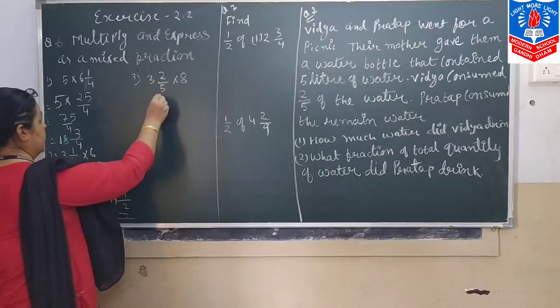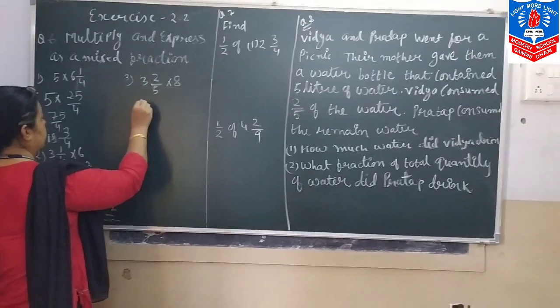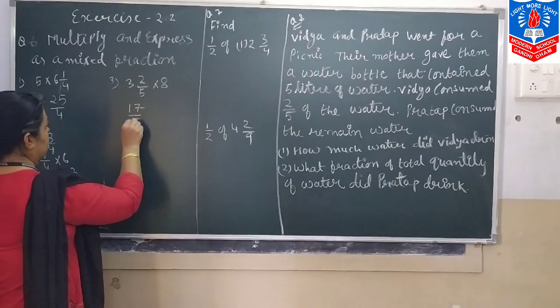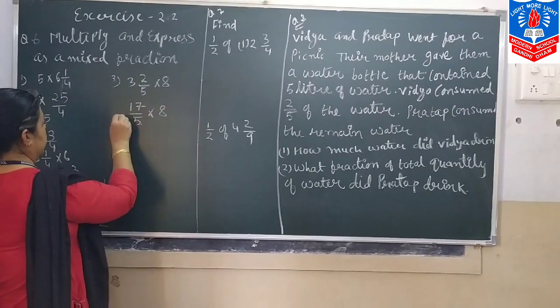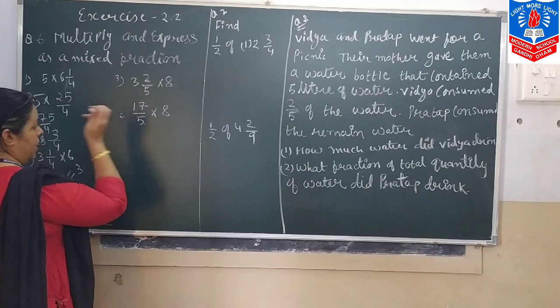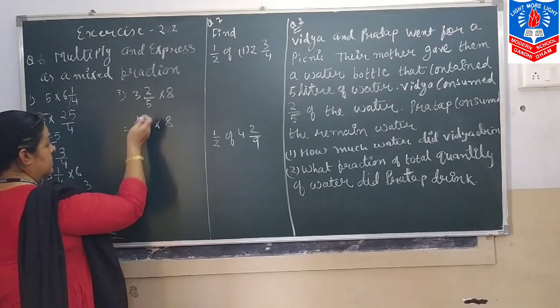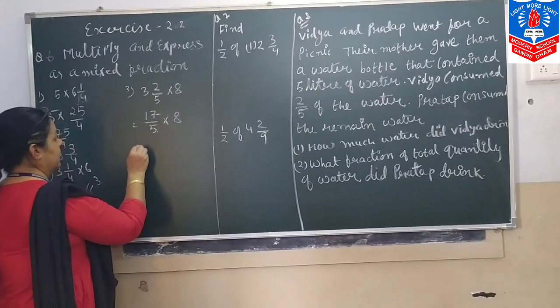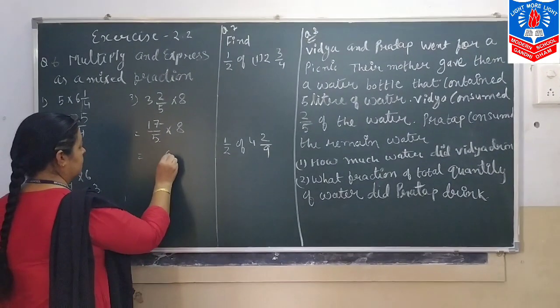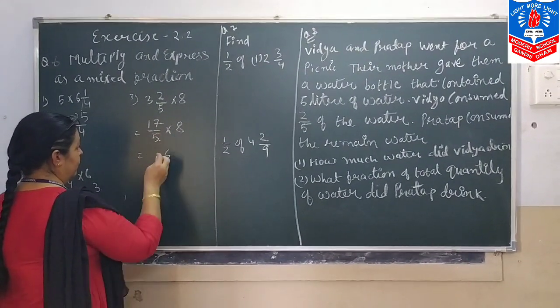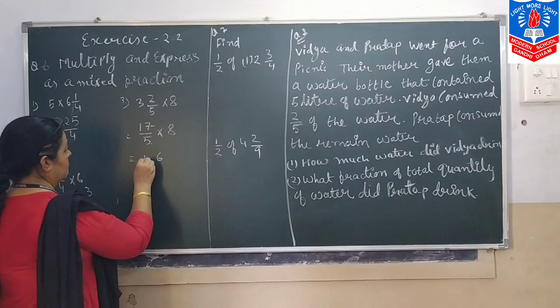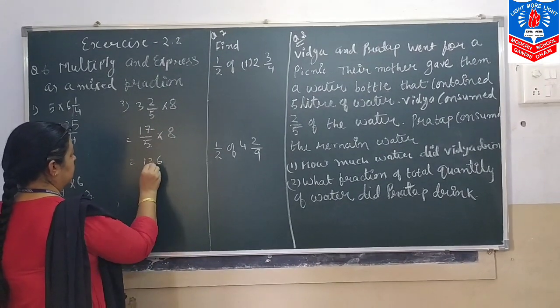Third one, mixed fraction. 3 fives are 15, 15 plus 2, 17 by 5 into 8. Here 5 is not divisible into 8 and 17. So we multiply. 17 eights: 7 eights are 56, and 1 eight is 8, so 136 by 5.